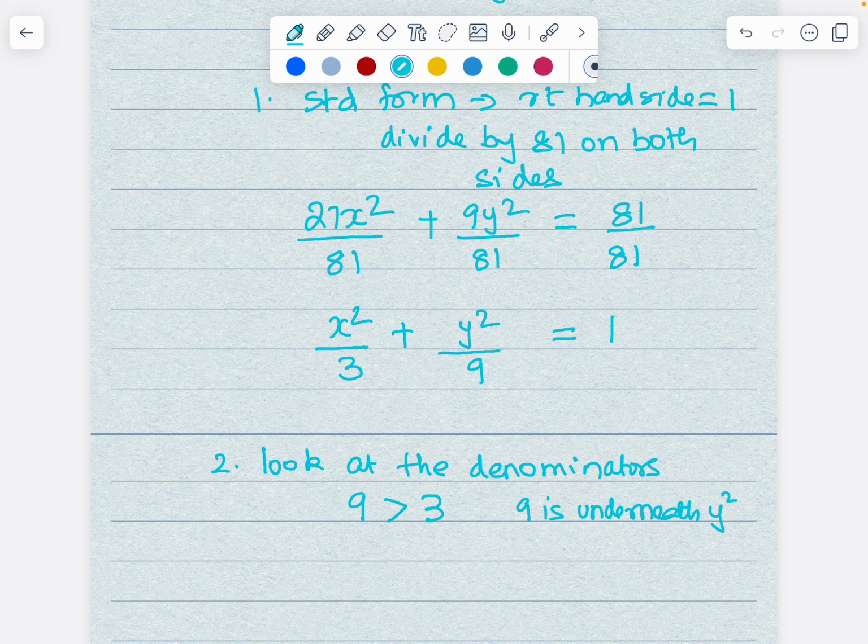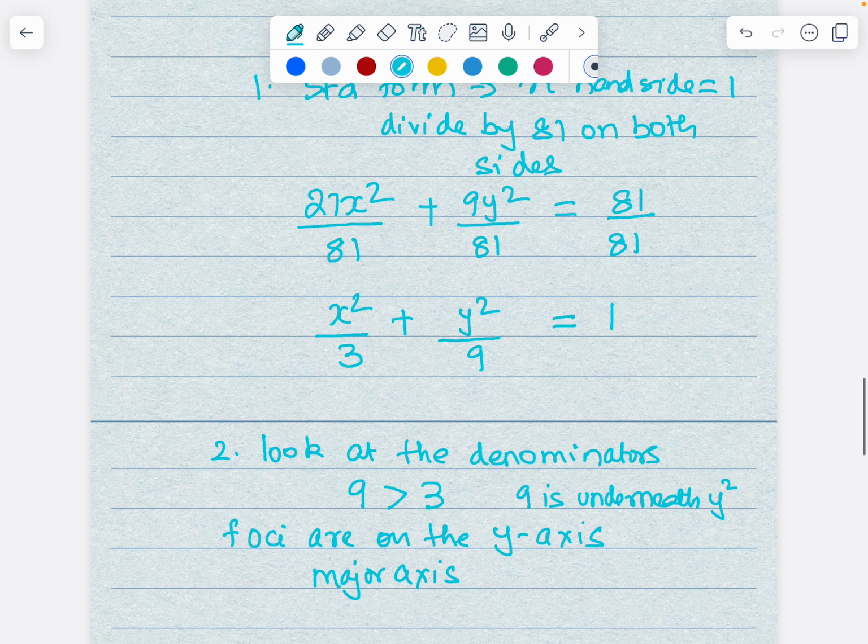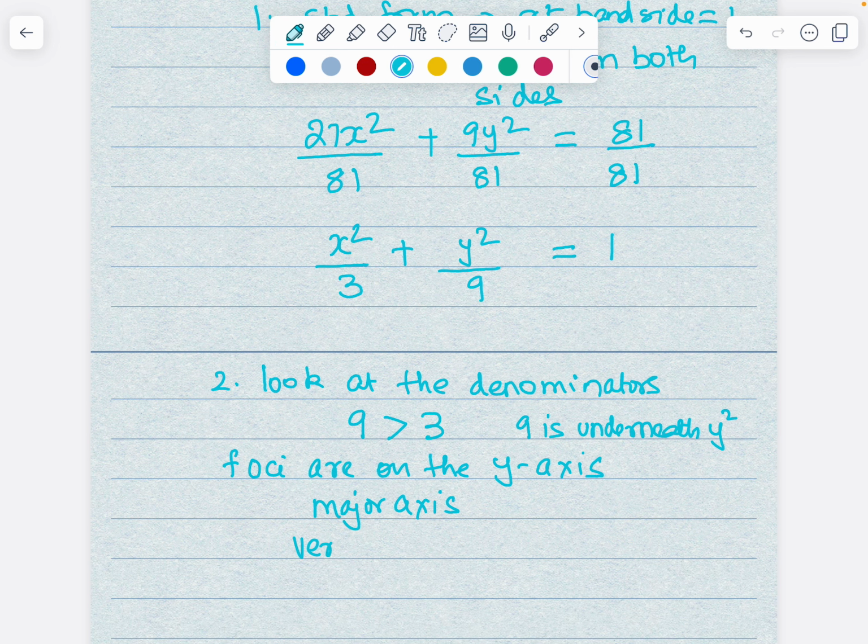So you know that your foci are on the y-axis, so that's the major axis. So therefore this is a vertical ellipse, right? So it's going to be like this, x, y. Yeah, this is going to be your major axis.